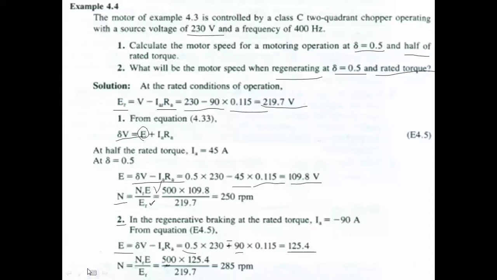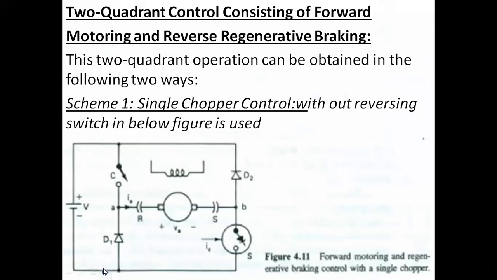So this is the motor speed at rated torque only. If it is asked for half torque, then we have to reduce this current also for the given torque. Half means 45, three-quarters means similarly we have to reduce. Okay. Next.